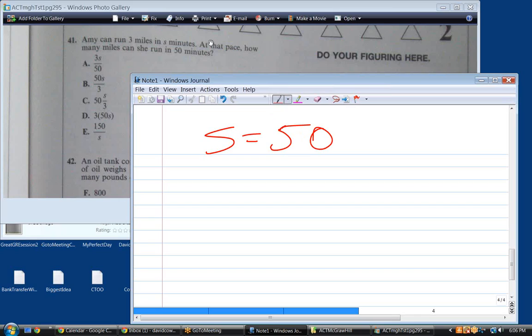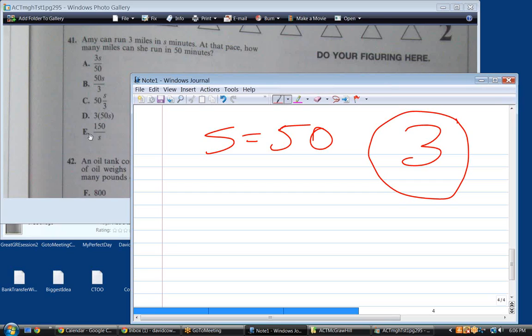So at that pace, how many miles can she run in 50 minutes? 3. So we check each answer using s equal 50, and whichever one comes out to be equal to 3, that's our answer.